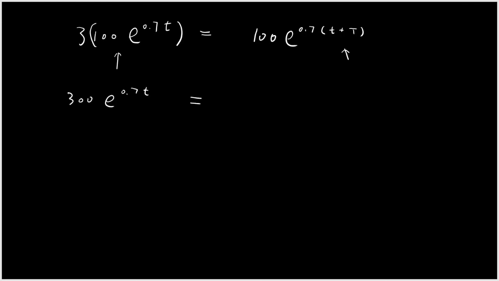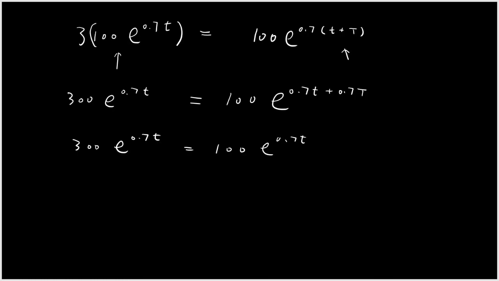For the right hand side, I'm going to write it as 100 times e to the power of 0.7t plus 0.7 uppercase T. The right hand side now is 100 times e to the power of 0.7t, times e to the power of 0.7 uppercase T.